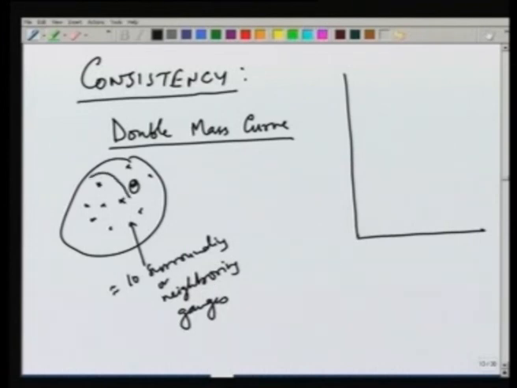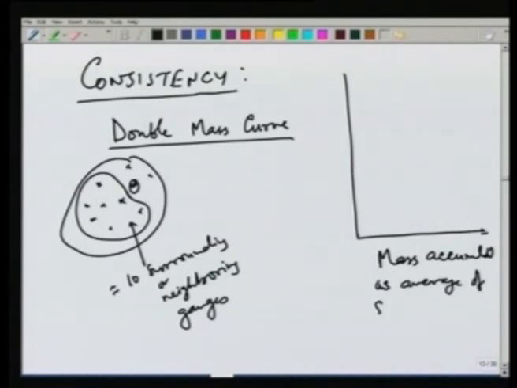So, all these gauges are taken, and what we plot is the accumulated mass accumulated as average of surrounding stations.